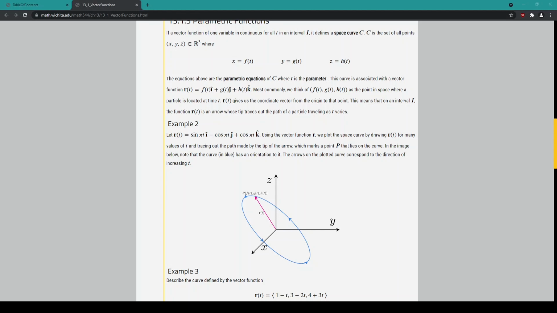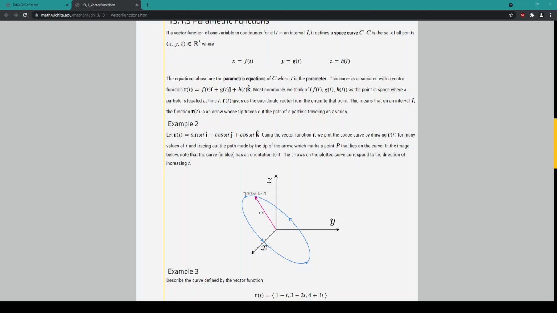We can write this out as letting r be a vector valued function that's equal to sine pi t i minus cosine pi t j plus cosine pi t k, or i hat, j hat, k hat, however you'd like to say that. I could have used the angle bracket notation to write the components. Either way is fine. You're going to see both, so both are going to show up.